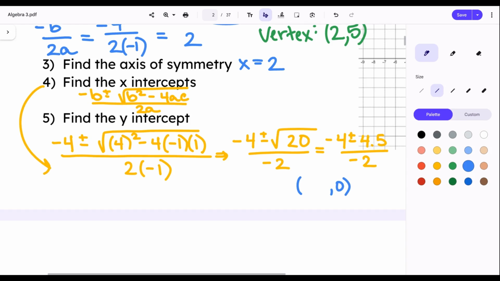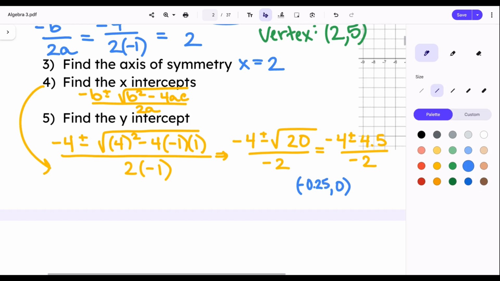So it's -4 plus 4.5 divided by -2. Anyone have something? I don't think that's right. -0.25. That's what I have written down.